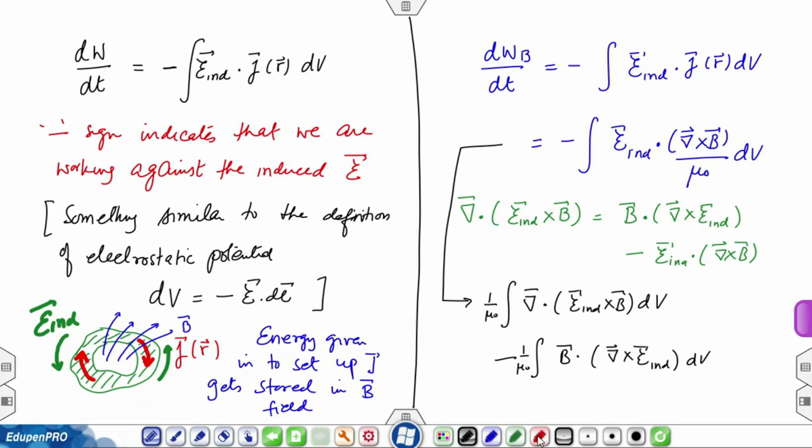Now, the first term is equal to 0 by divergence theorem, because I am going to assume B and E induced fall off very fast as you go far away. All right. So, that is the assumption, they are localized. So, I am left with only second term. Let us work on that term.